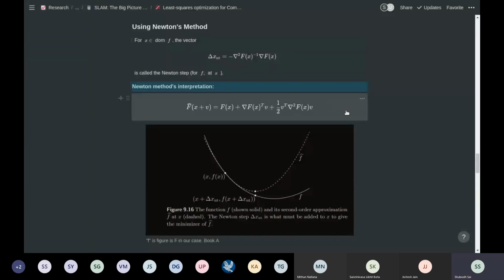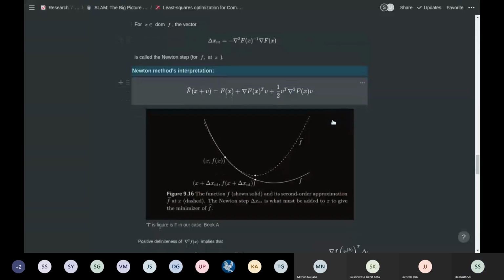Take it to the other side, you get minus, and take the Hessian to the other side, you get minus of Hessian inverse into gradient is equal to your step that you want to take, v or delta x, here one and the same. Okay.